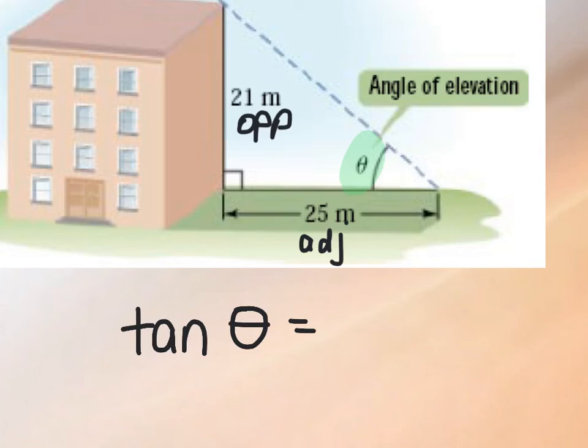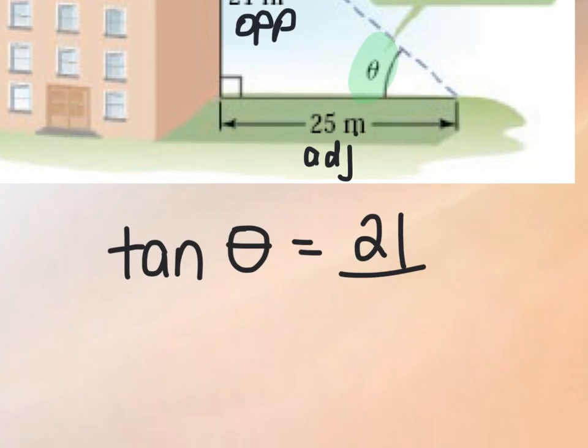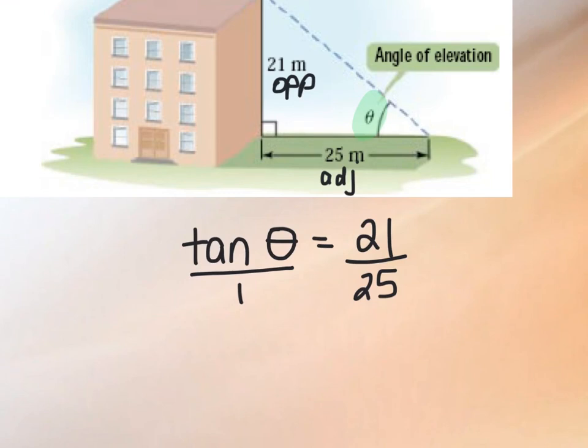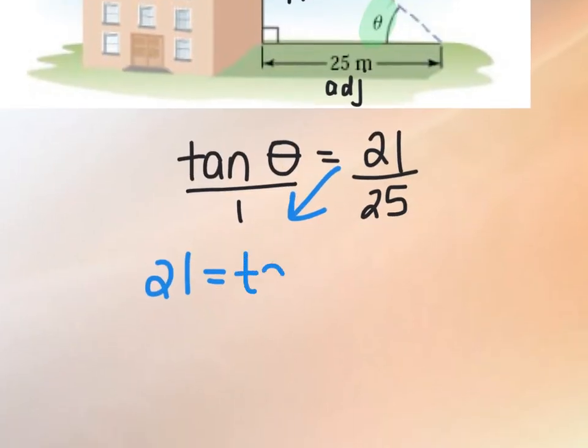What is the opposite side? 21. Over, what is the adjacent side? 25. I have a proportion, right? Cross multiply. So I have 21 equals tangent of theta times 25.